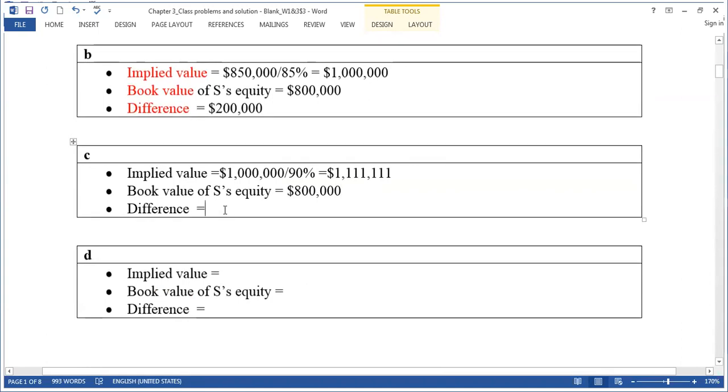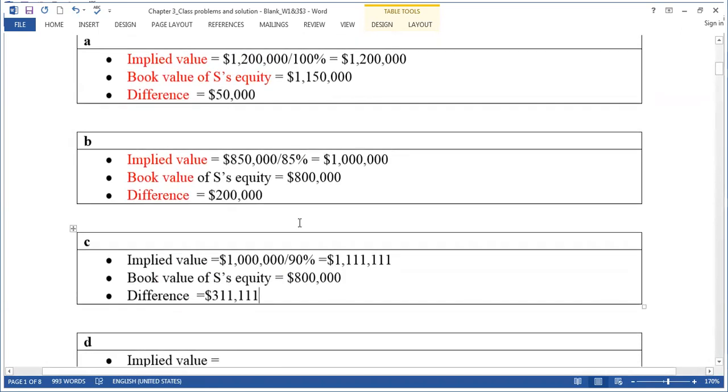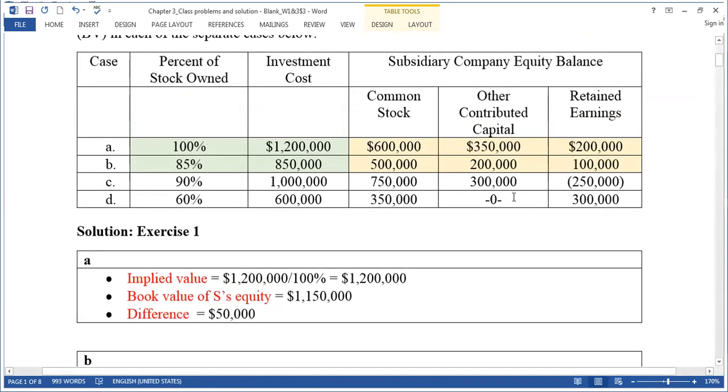And the difference is a difference. Then in the last question we don't have other contributed capital. We have common stock and retained earnings only.